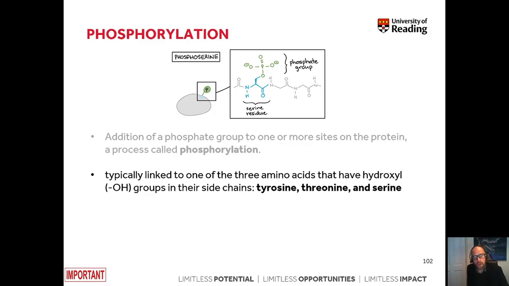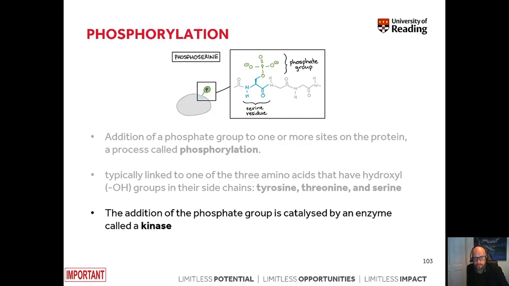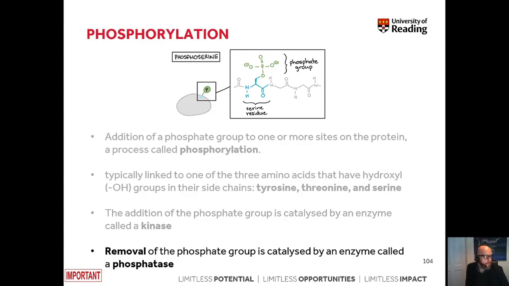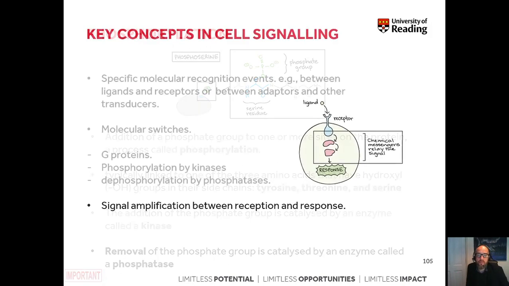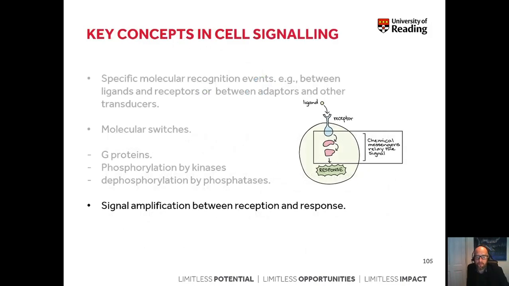This is something you should try to remember. And the addition of the phosphate group is catalyzed by very specific enzymes called kinases. The removal of the phosphate group is catalyzed by another enzyme called phosphatase. Those are the key players in this molecular switch.